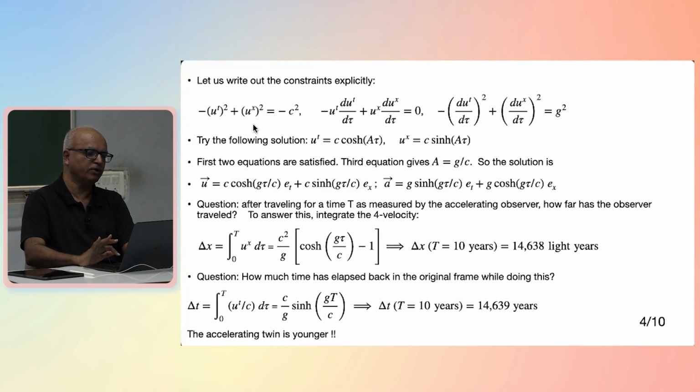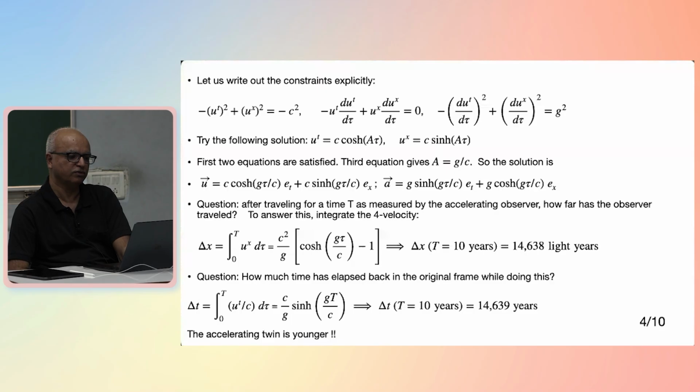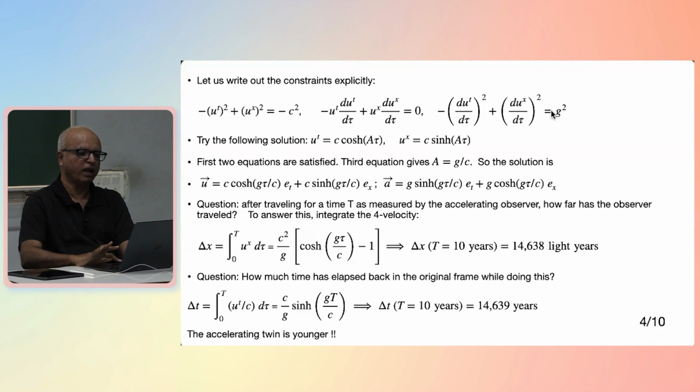There is a u^t component and a u^x component of the 4 velocity, and that satisfies this. u^i a_i is 0, that is this statement, yeah, and a^i a_i is g square, that is this statement. So, please have a look at it, see that you are satisfied. Those 3 equations written in terms of components become these 3 equations, and we are looking for a solution.